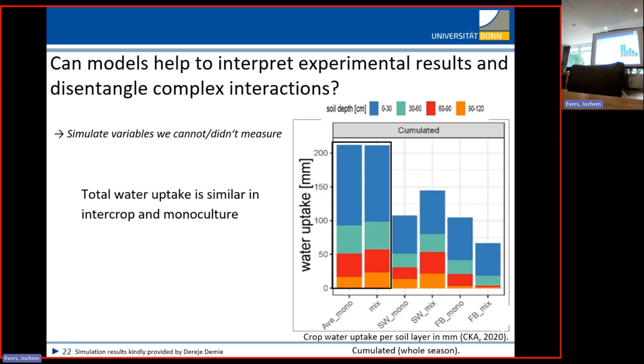So sap flow and isotopes. Sap flow is fun. I can give you our device if you want. Yeah, it's fun. I like it also. I'll remind you next time at midnight on the field. Why is it hell?